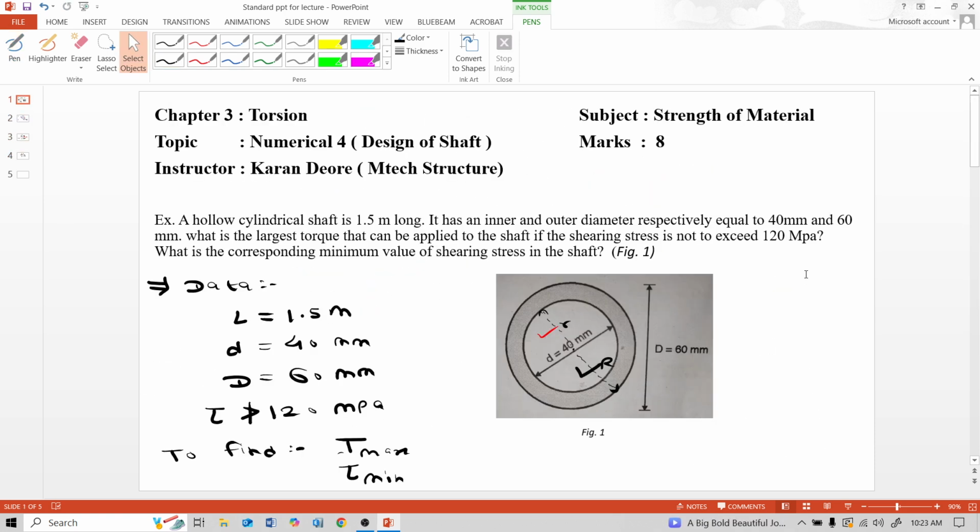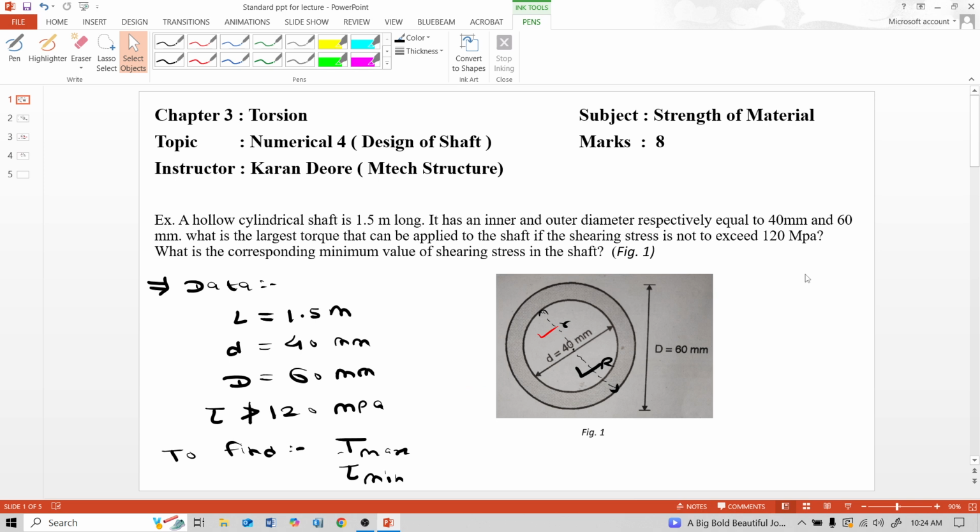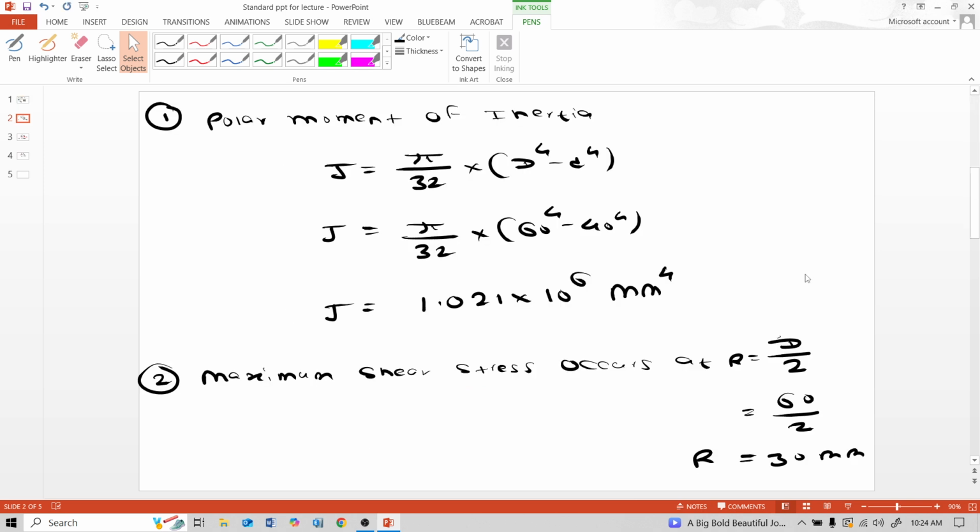So they provided us the length of the shaft, the small diameter, the external diameter, and that shearing stress should not exceed 120 MPa. By using this data, we found the maximum torque and minimum shearing stress. In this numerical, we used the polar moment of inertia formula for the hollow shaft.